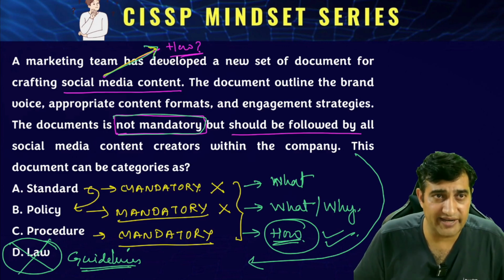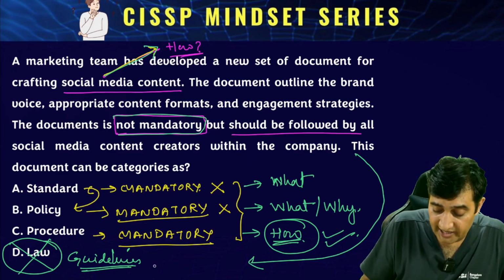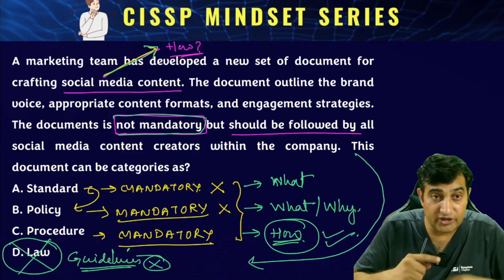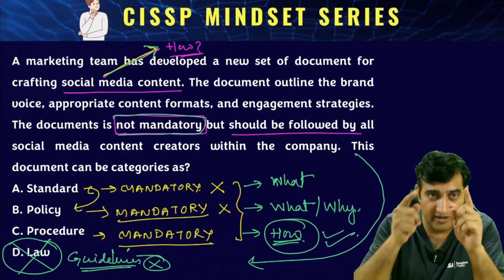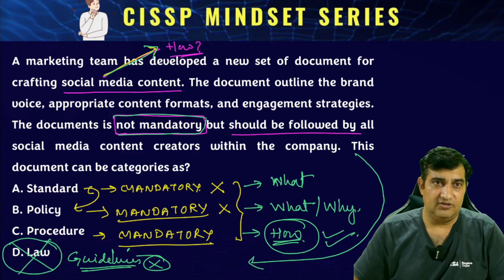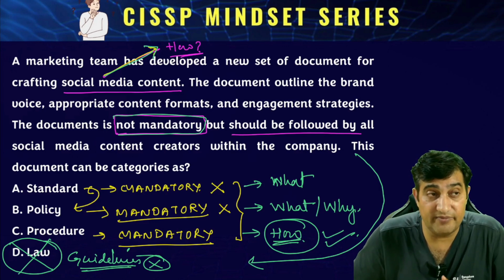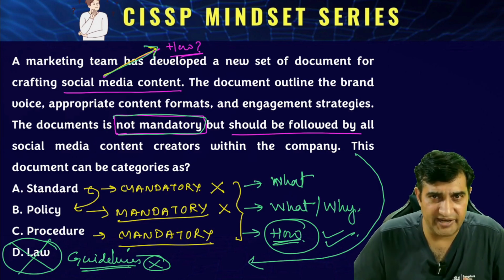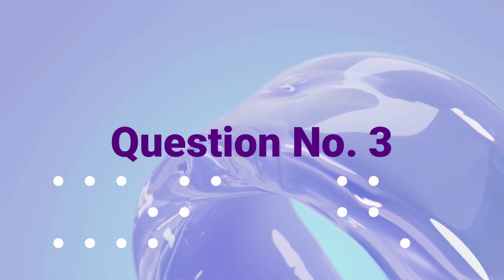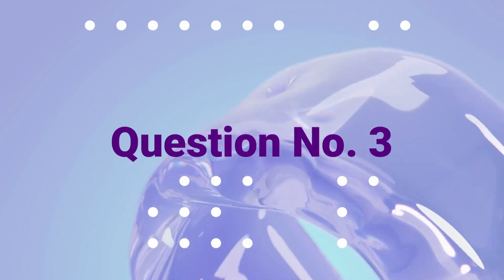They talk a lot on the guidance, but deliberately they have removed guidelines from the options, and they are telling you now, if this is not there, can you think further and tell me what is the best? So that is the mindset. Sometimes they may trick you. I hope this gives you very good input, just the kind of tricks which are played in the exam.